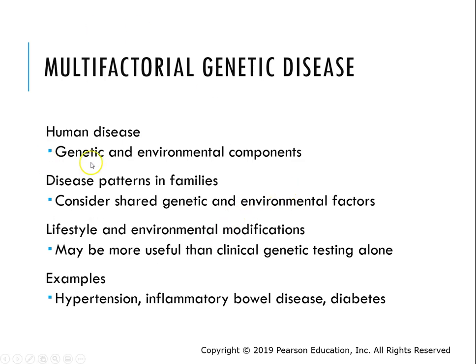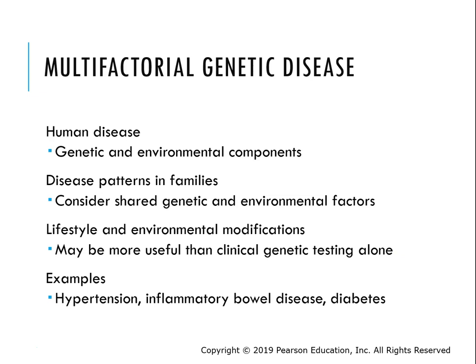Okay, if we talk about multifactorial, right? You have genetic and environmental components. So most diseases are multifactorial, okay? It says you still may see disease patterns in families. That's true, right? Because you have some shared genetic factors and probably shared environmental factors as well. It says here, lifestyle and environmental modifications may be more useful than clinical genetic testing alone because there is no one gene to pinpoint this disease, okay?